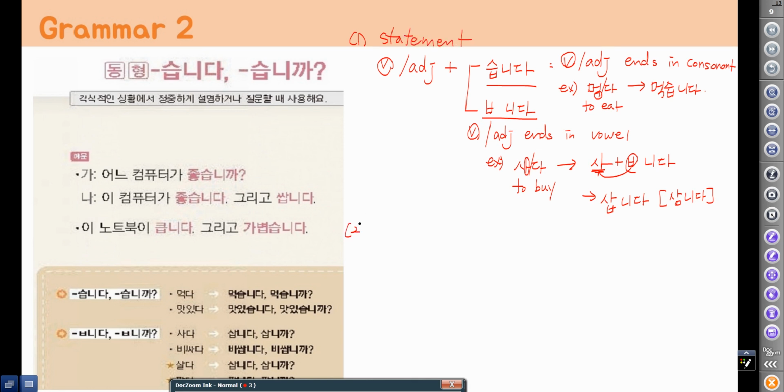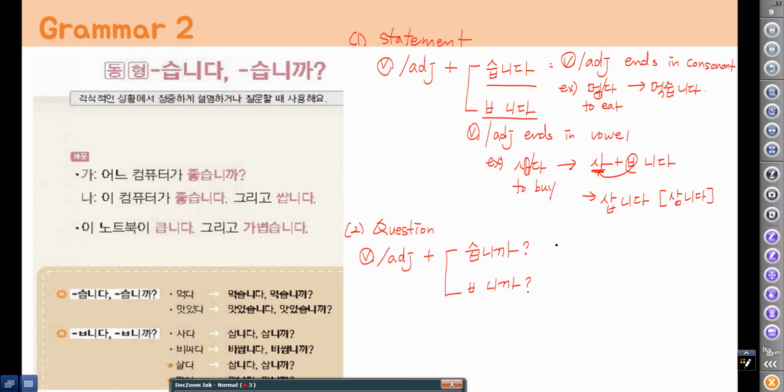For questions, for a question, verb, adjective, 니까, 씁니까, or 비읍니까. Question, 씁니까, 비읍니까.